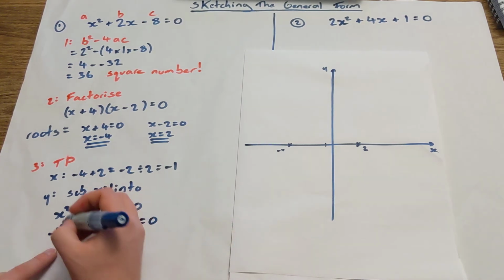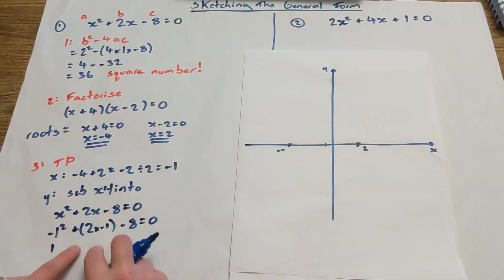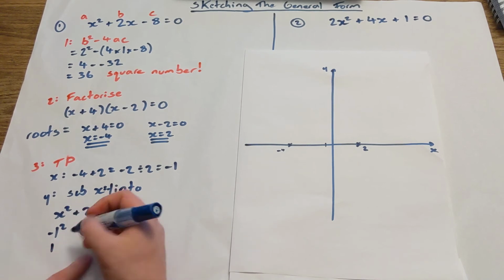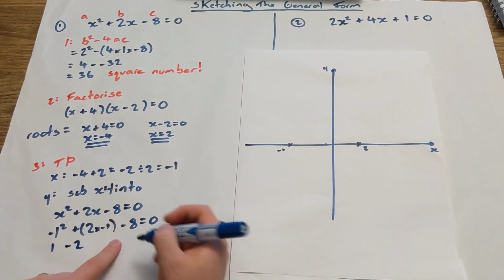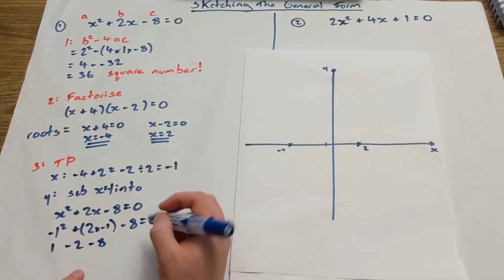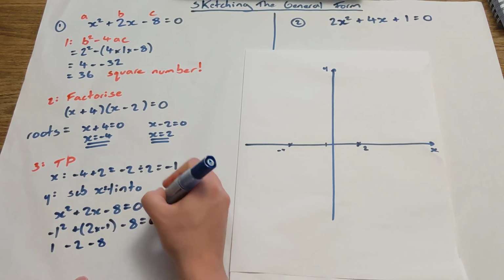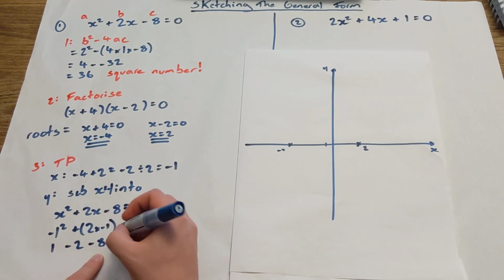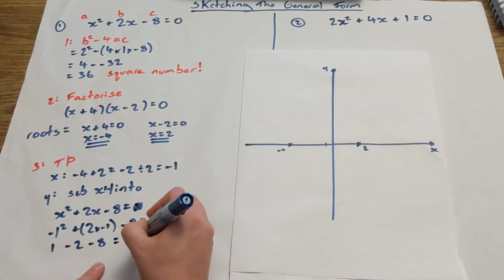So minus 1 squared is 1. 2 times minus 1 is minus 2. So plus minus 2 is minus 2. Minus 8. So 1 minus 2 is minus 1. Minus 8 equals minus 9.